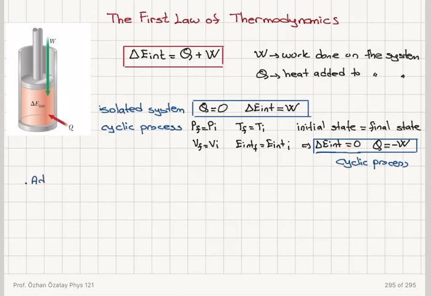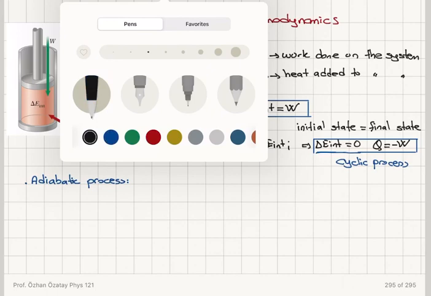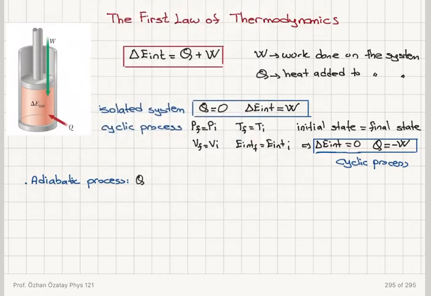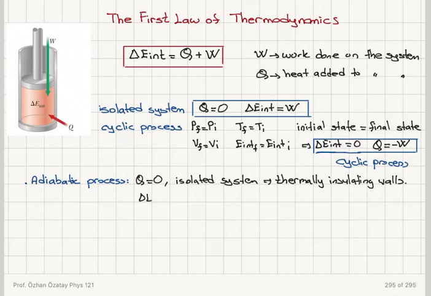The adiabatic process is the one where we have thermally insulating walls. Q is equal to 0. It's the isolated system. That implies thermally insulating walls, and because of that, the change in internal energy of the system is equal to W, work done on the system.